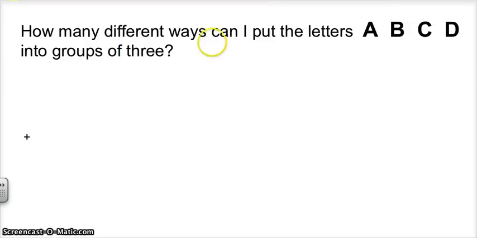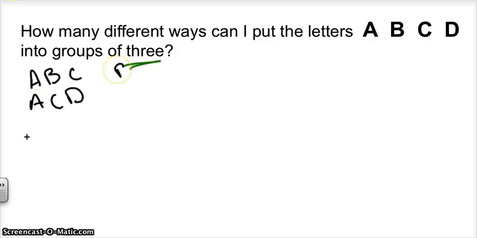Now, how many ways can we put the letters A, B, C, D down in groups of, here's the important part, in groups of 3? Well, let's check it out. I'm going to start with A first. I can go A, B, C. I can go A, C, D. I'm done with A's.